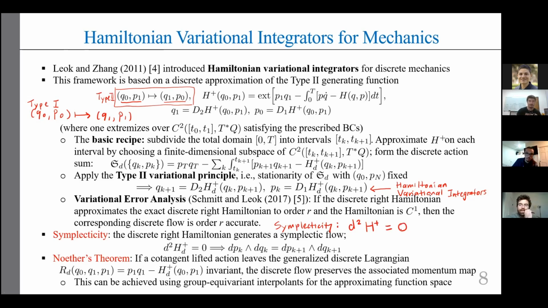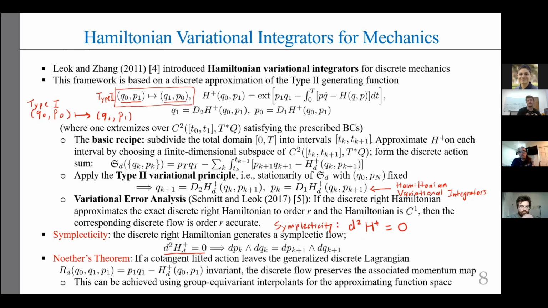You can show that that's equivalent to the fact that the symplectic form is preserved on the flow. And the proof for symplecticity for this variational integrator is the exact same. You look at d squared of the discrete generating function. So that's another nice thing about this whole theory, everything matches analogously to the continuum case. It's actually very natural. A lot of the proofs that you end up doing, you just copy from the continuum case. It's pretty nice.